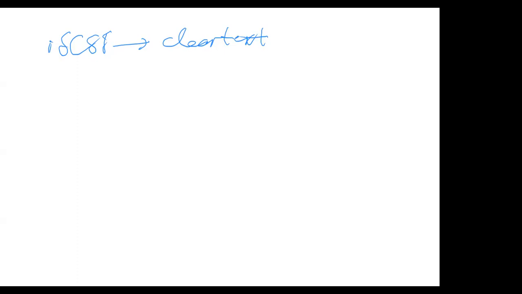Then what do we have to do? We have to use authentication, and we have to use IPsec, for example, to enable IPsec on this network to protect the data exchange, because the iSCSI protocol itself does not provide the security control.